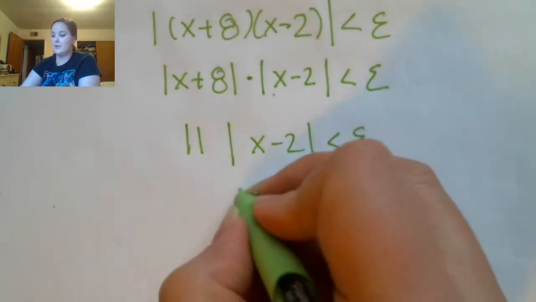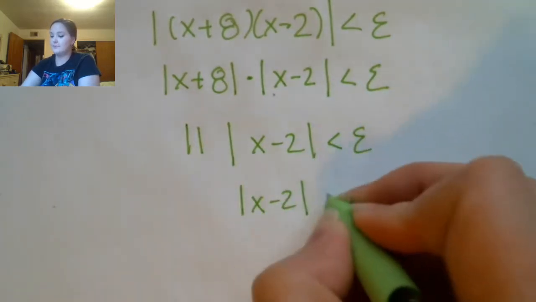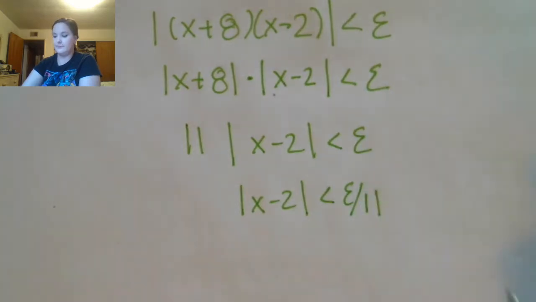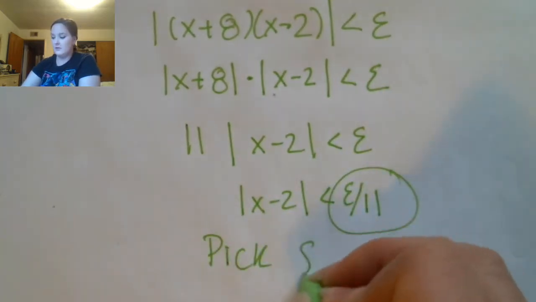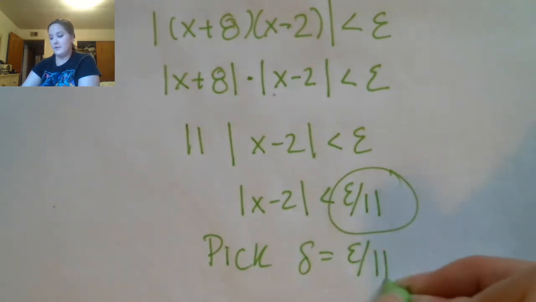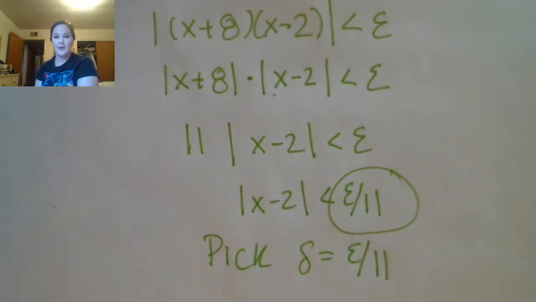So I'm going to divide both sides by 11, and here's my value for delta. Delta is epsilon over 11.